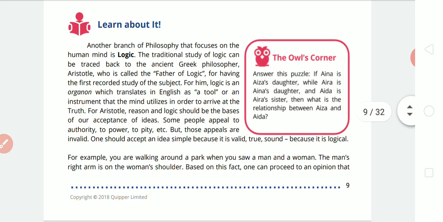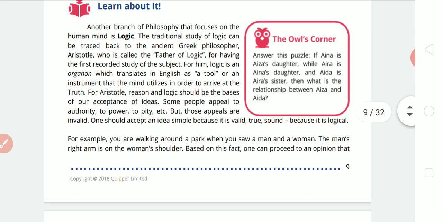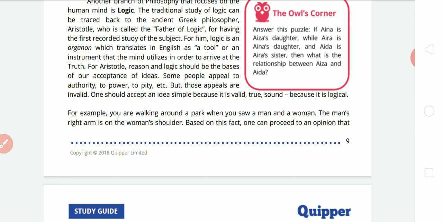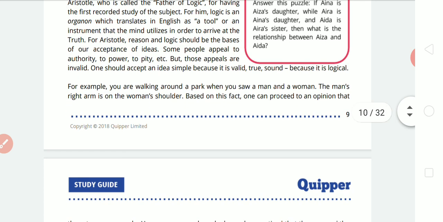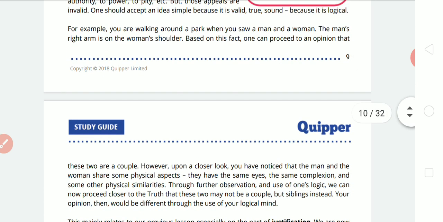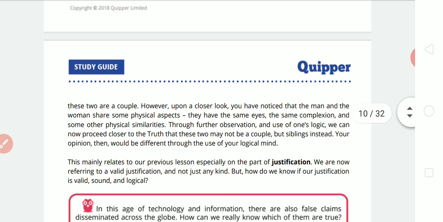So for example, you are walking around a park when you saw a man and a woman. The man's right arm is on the woman's shoulder. Based on this fact, one can proceed to an opinion that these two are a couple. However, upon a closer look, you have noticed that the man and the woman share some physical aspects or na ay certain angle or certain features sa ilang lawas na similar kayo sila.